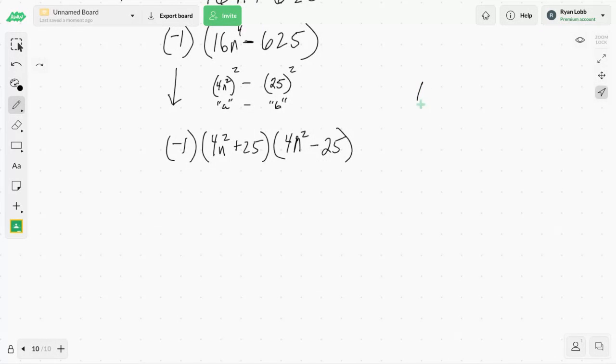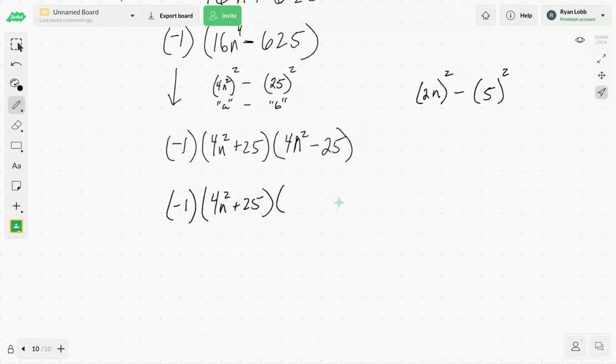4n squared I can write as what? 2n to the second power. 25 I can write as 5 to the second power. So I have another difference of squares. So that means I'm going to have negative 1 times 4n squared plus 25. And then over here, another difference of squares, 2n plus 5, and then 2n minus 5.